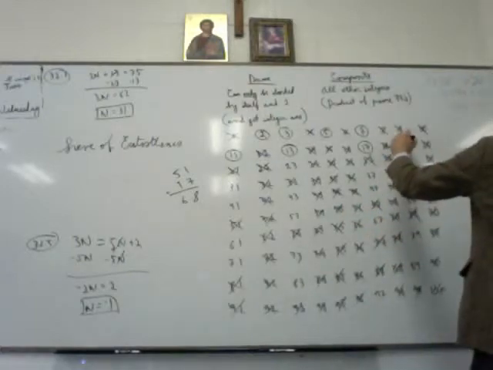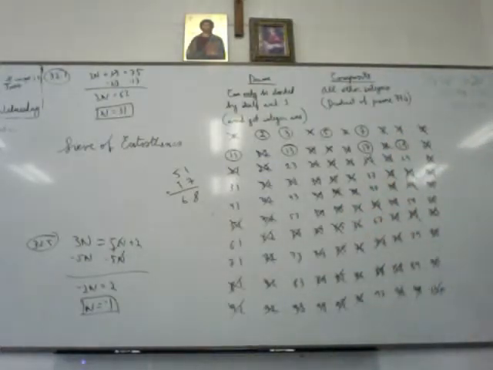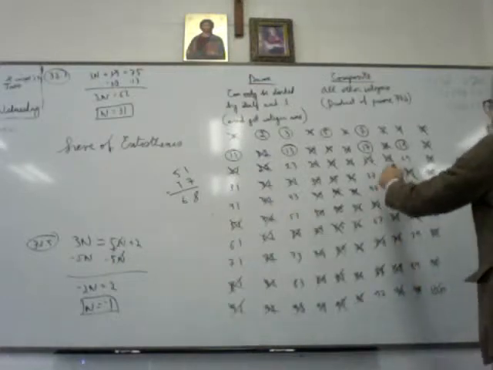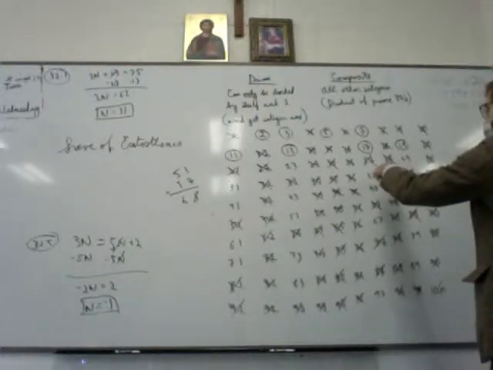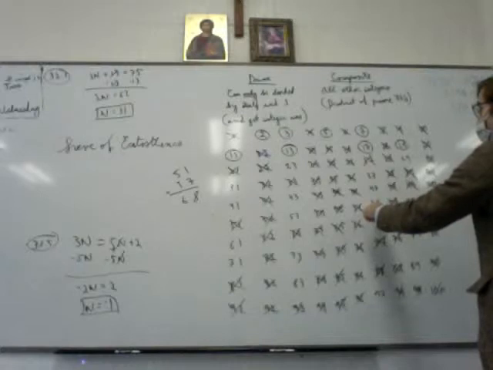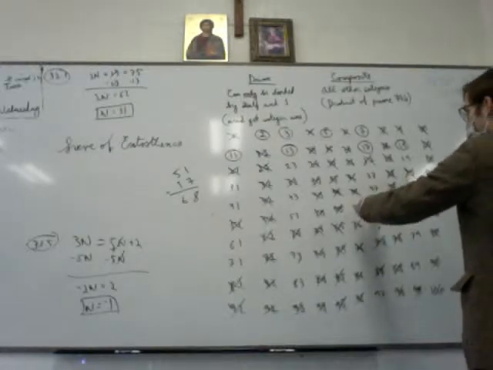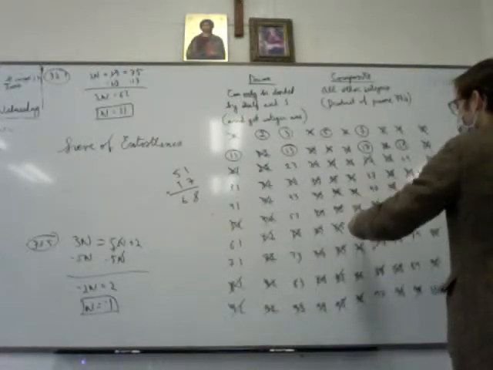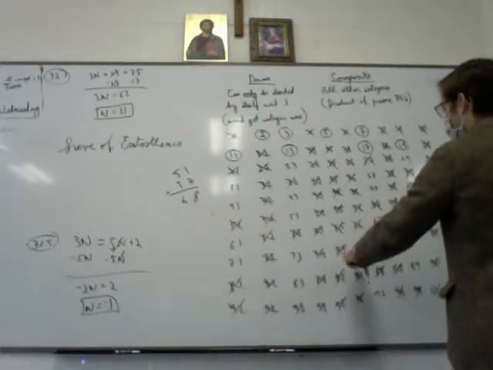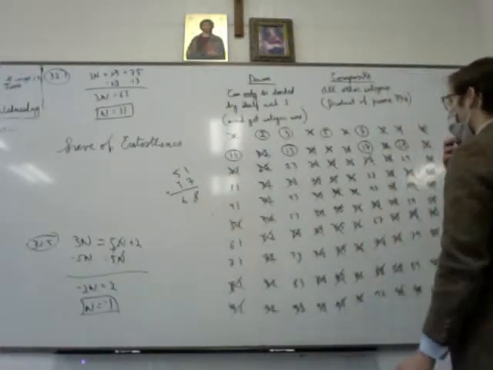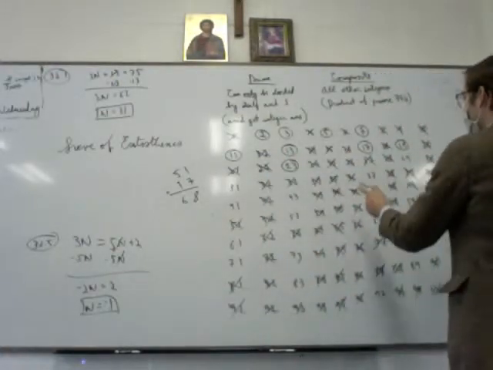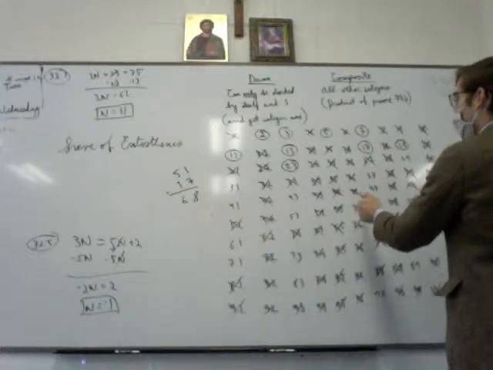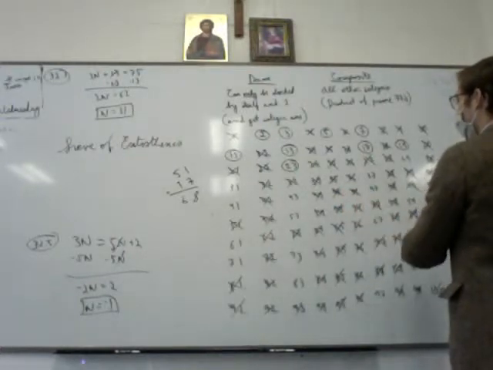19 is prime. What's 19 times 2? 38, but that's already out. What comes after that? 57, which is also out. Then 76, which is out. Then 95, which is out. Okay, 23: 46 we've already eliminated, and 69 has already been eliminated.